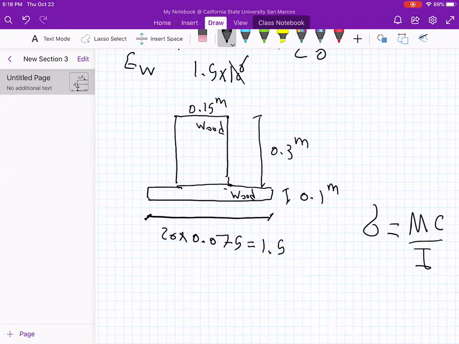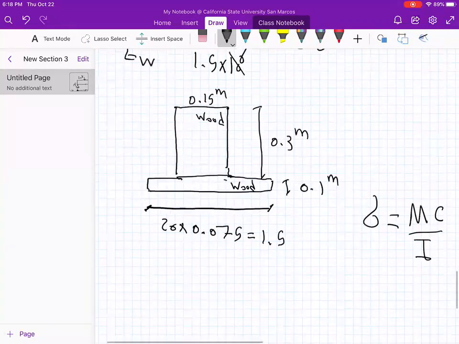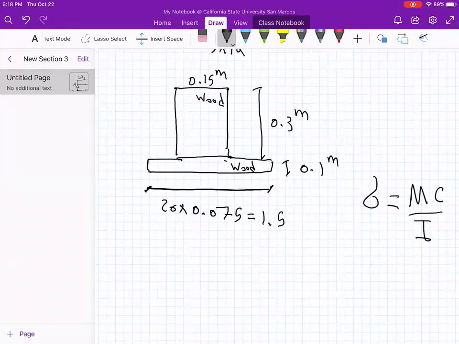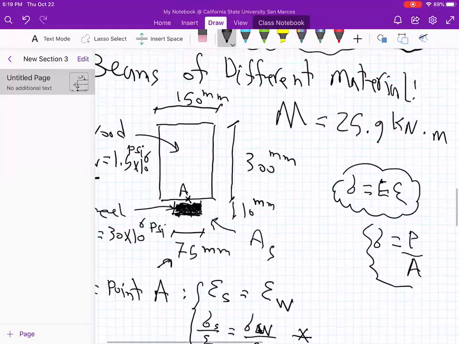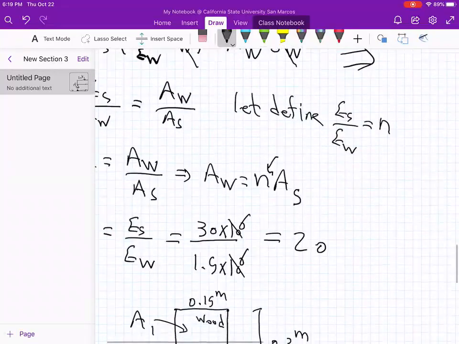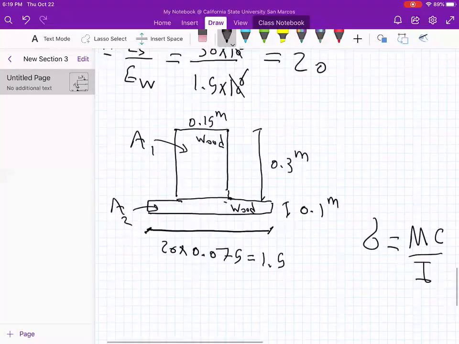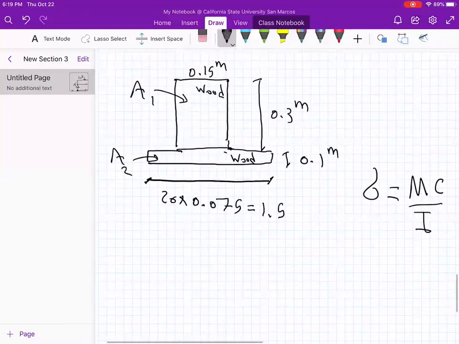What is the first step? Y bar. So let's denote this as, for example, A1, and this is A2. The bottom, no, that's a 10 millimeter, divided by 1000.